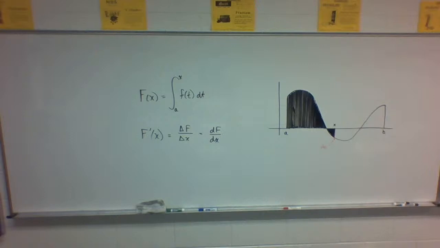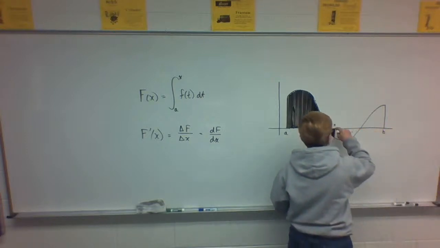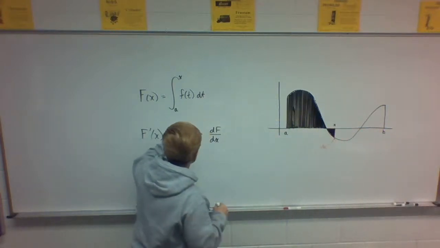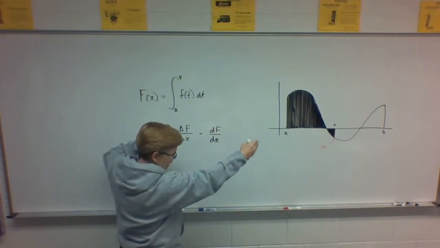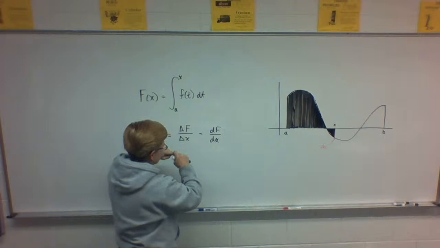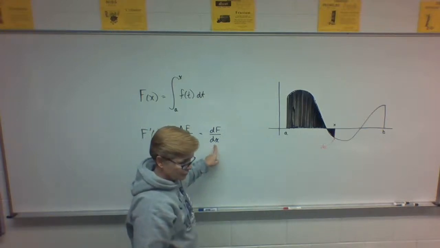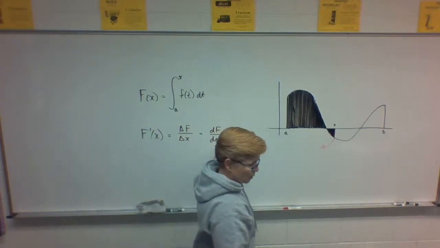Try that again. Delta f means the change in area by drawing one more. Delta f, that's the change in area, because the area is all that black stuff. That delta f, that red line right there, is the change in the area per a change in the x. Are you with me?